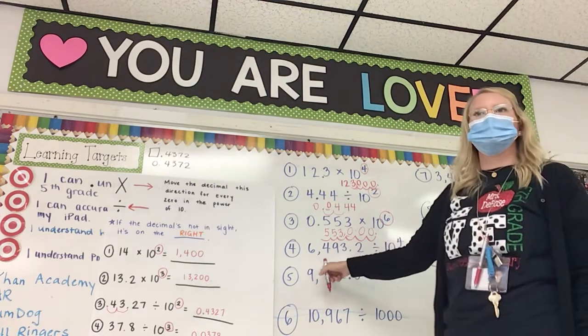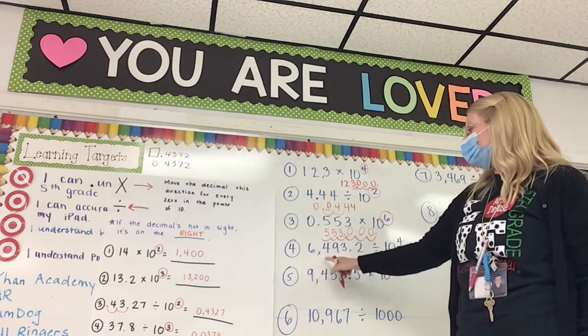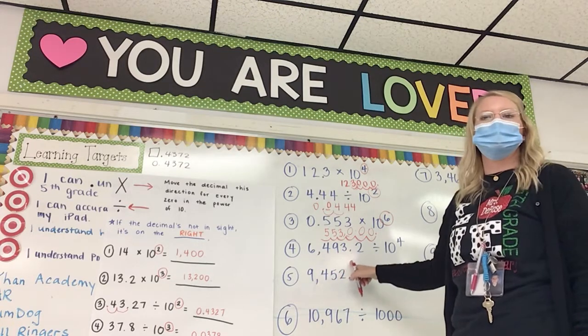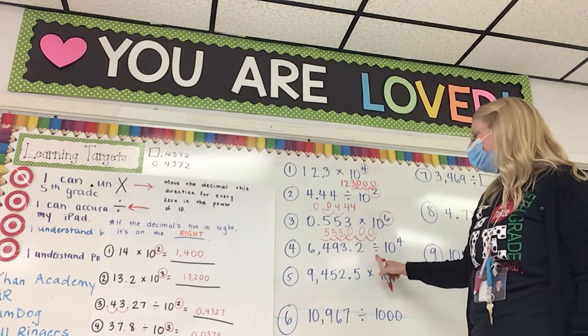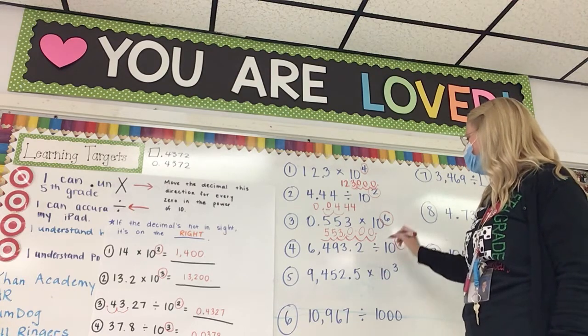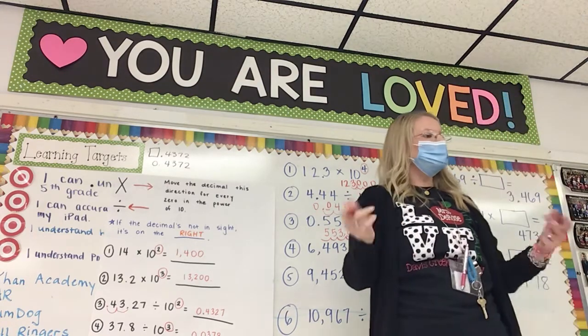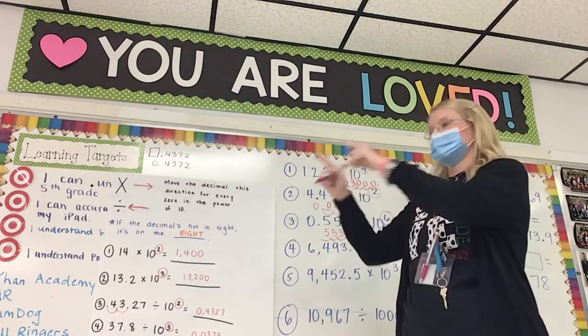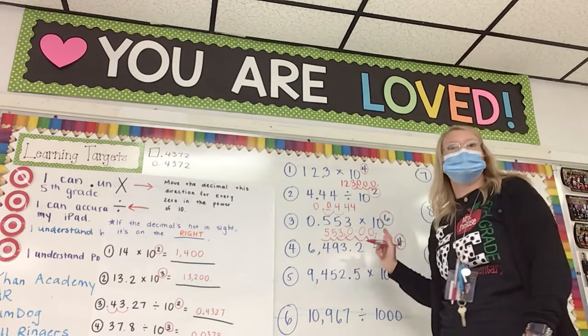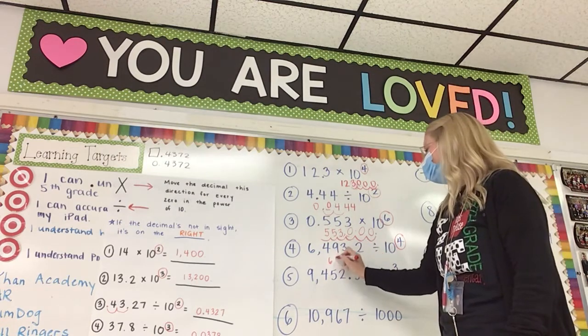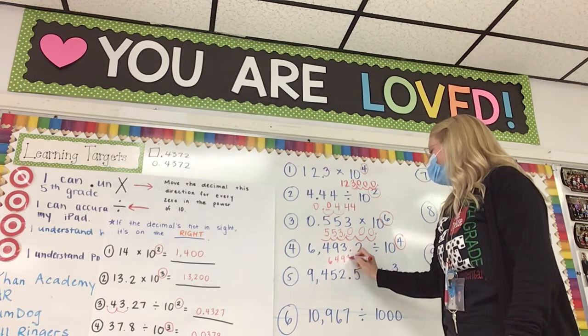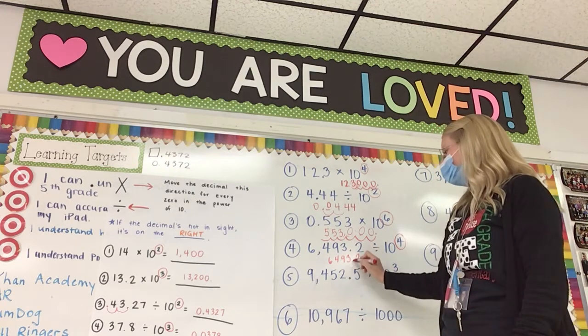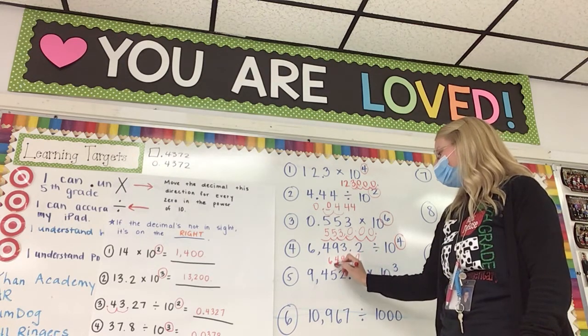All right, let's look at this new problem. 6,493 and 2/10 divided by 10 to the 4th power. We're dividing, so which direction is our decimal point going? To the left, and it's going to move 4 times. So I'm going to move it 1, 2, 3, 4.